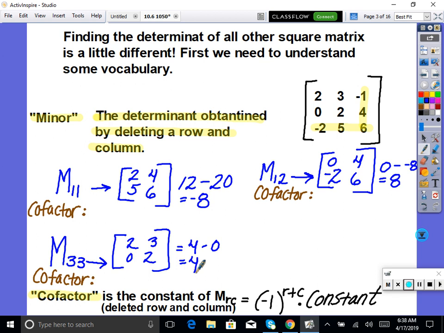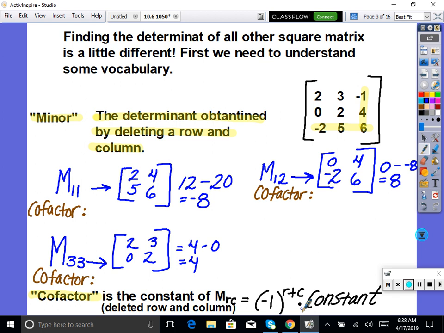Now, what a cofactor is. Everybody write this down. Cofactor, we use this formula basically. I'm going to leave up highlighted the minor matrix of 3, 3 here, where I have that portion deleted. What a cofactor is, is the constant of the 3, 3, basically the intersection of what we're deleting.